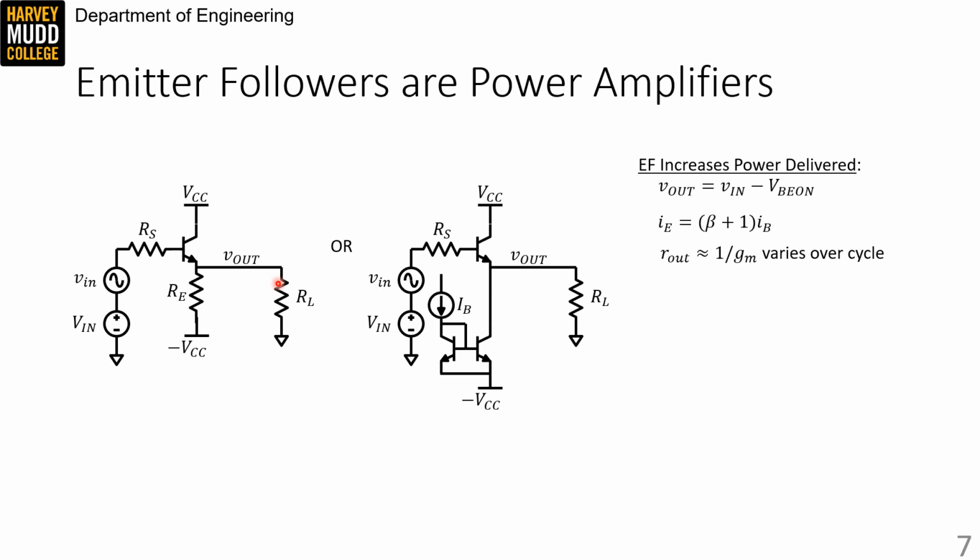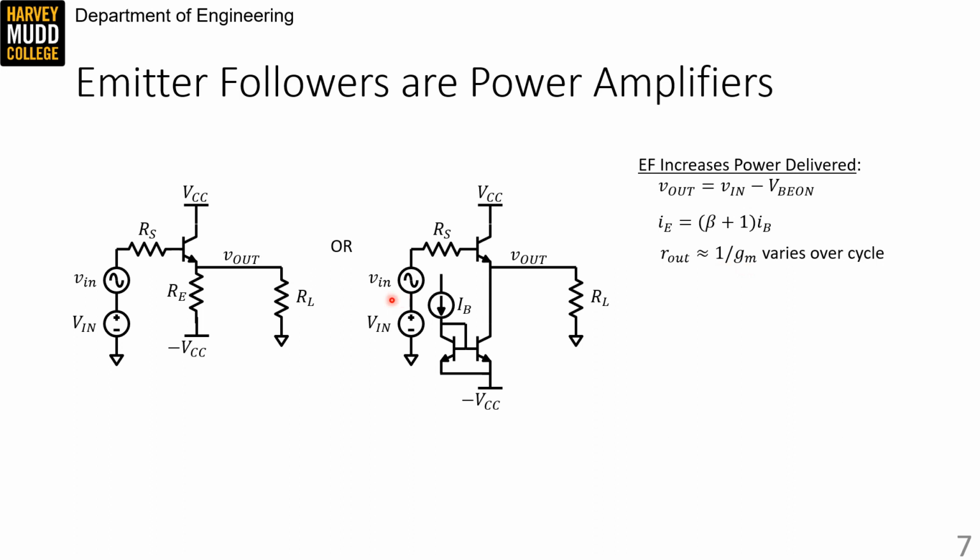Finally, it's worth noting that the reason our initial suspicion wasn't sufficient proof that this is a good power amplifier is because Rout changes over the input cycle. If we imagine Vin as a sinusoid, when Vin is at its peak, we'll be running a lot of current in Vout, which means that Rout will be very small because gm will be very large.